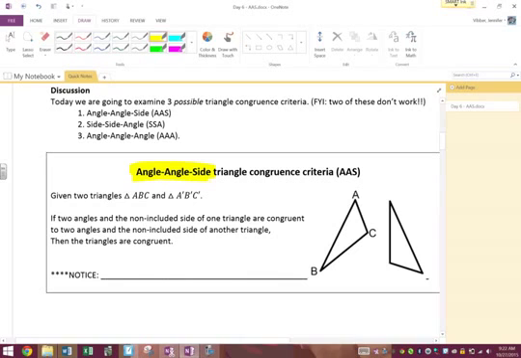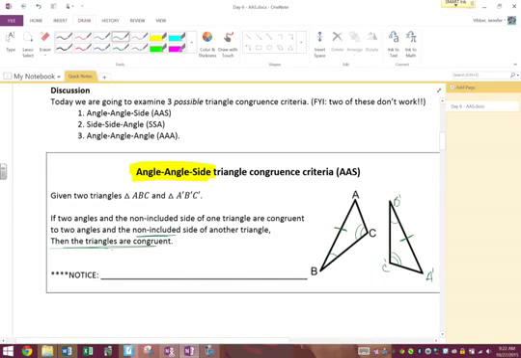Angle, angle, side is given the fact that you have two triangles, ABC and A'B'C'. If I have two angles, so let's say B and B prime, and then C and C prime, and I'm also given the non-included side, two angles, one side, then the triangles are congruent.